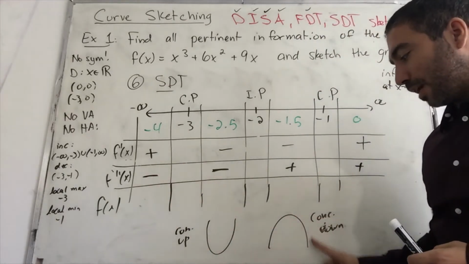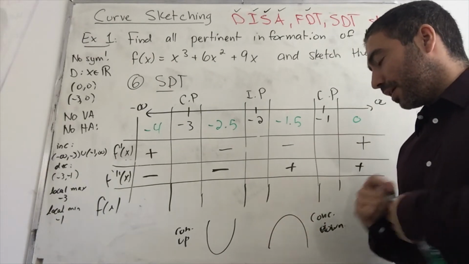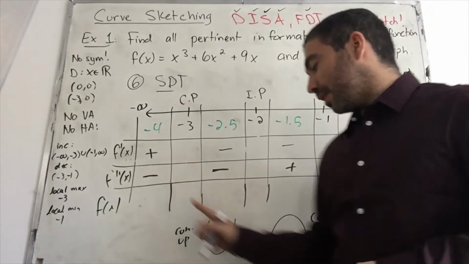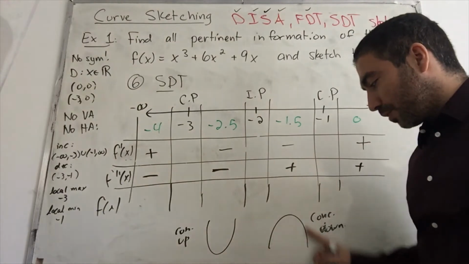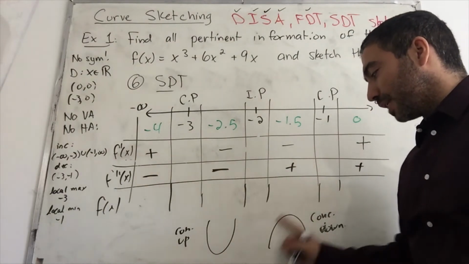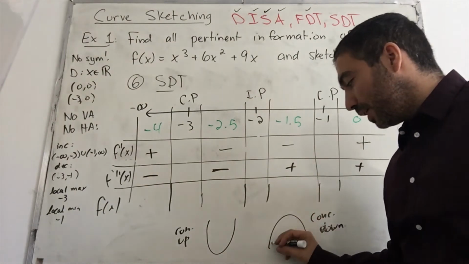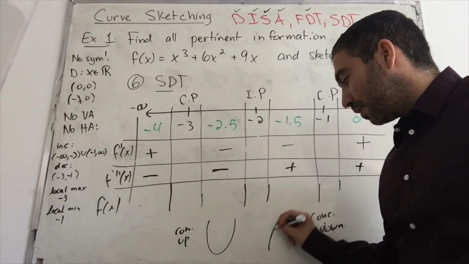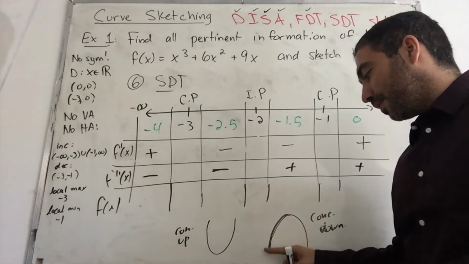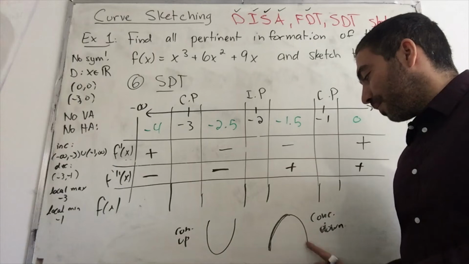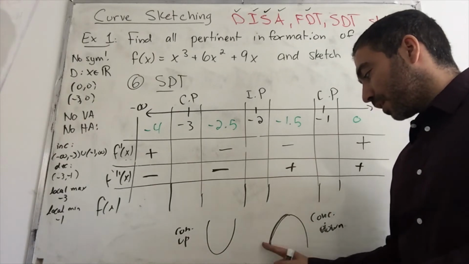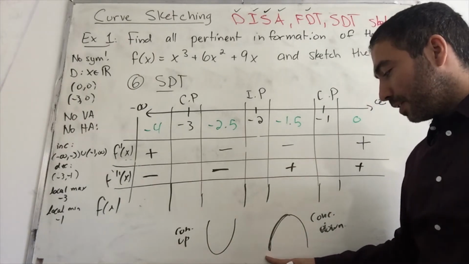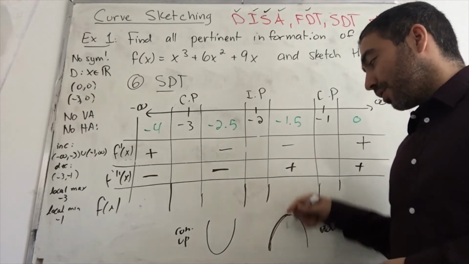We're on the concave down, and which half is increasing? We're on this one here because it's concave down. The second derivative was negative, but the first derivative was positive. We're looking at this side because this function's increasing. This side of the parabola is increasing and concave down.